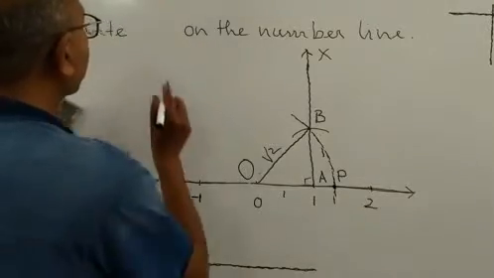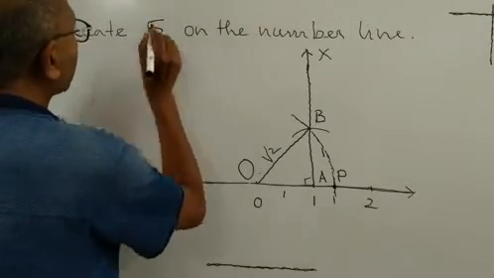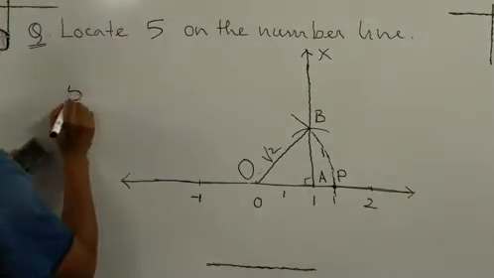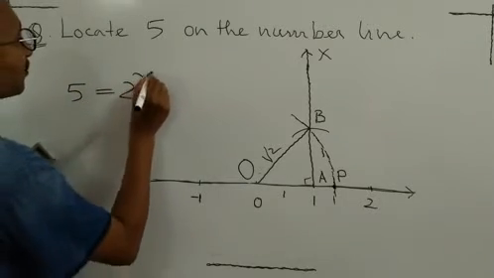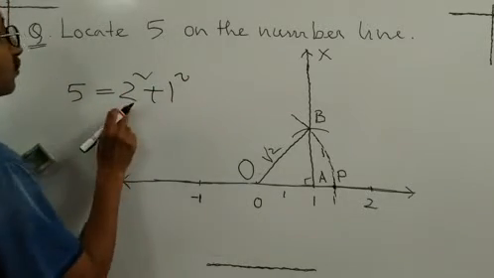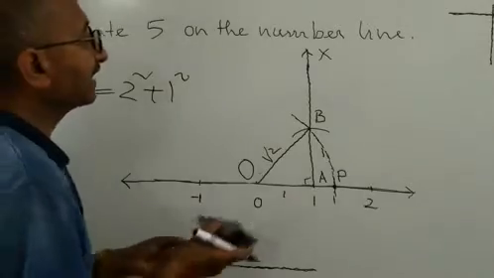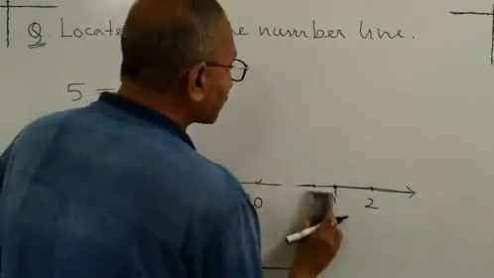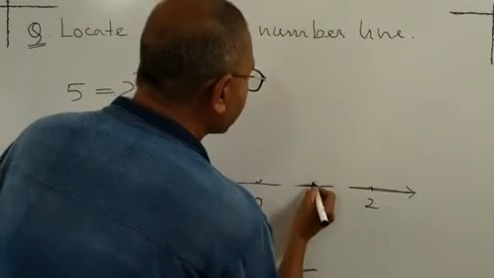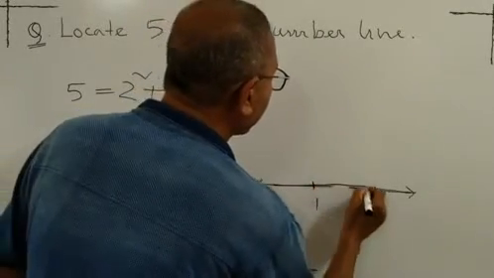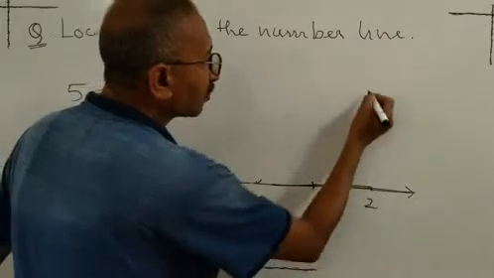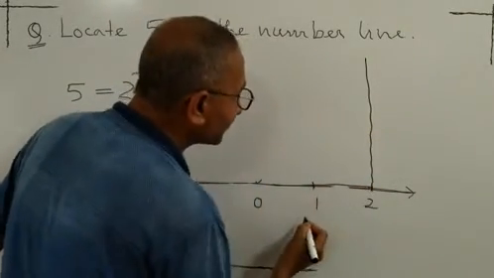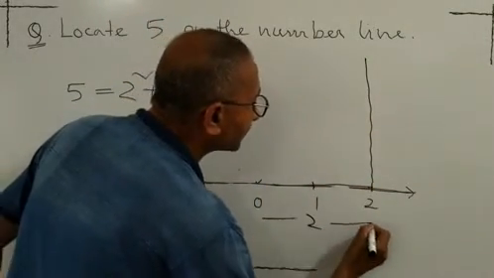If you are asked to represent root over 5, how will we get it? Root over 5 comes from 2 square plus 1 square. How do we locate root over 5 on the number line? This is your 1. Now take 2 units and draw a perpendicular here. This length from here to here is 2.